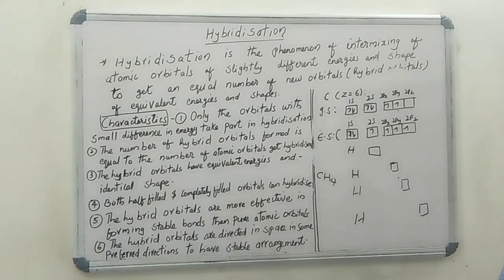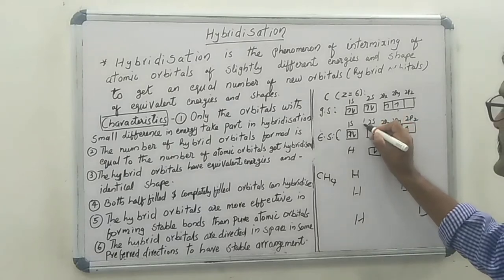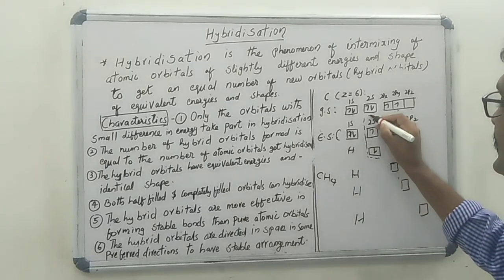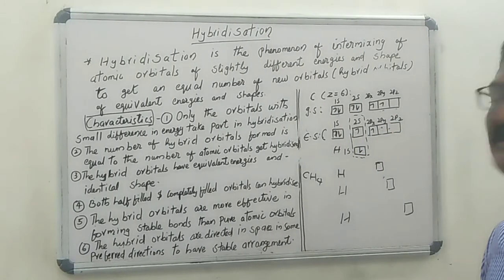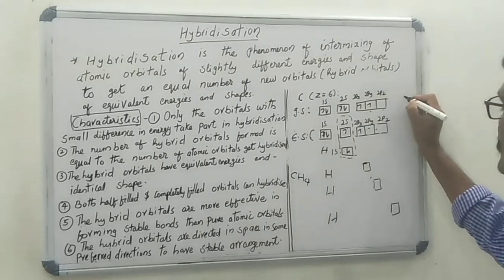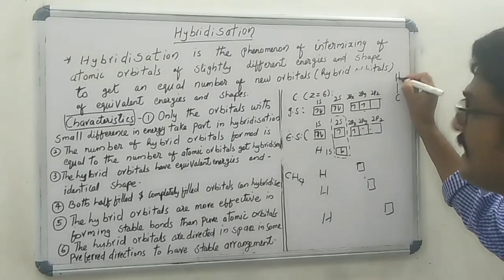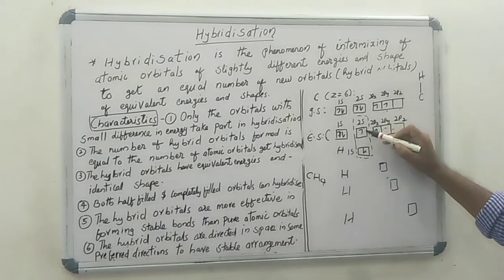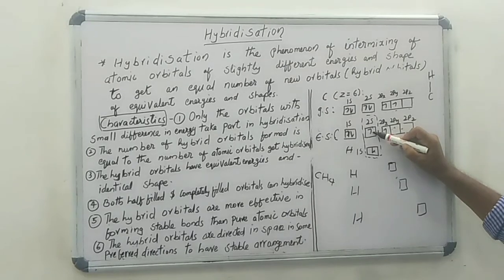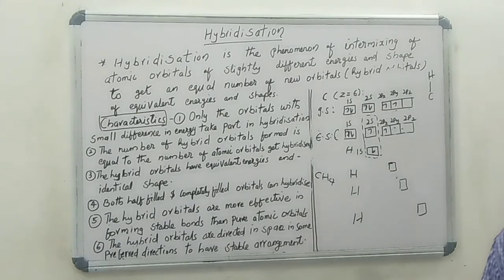That means here the 4 CH bonds are formed. One CH bond is formed by the overlap of the half-filled 2s orbital of carbon and the half-filled 1s orbital of hydrogen.